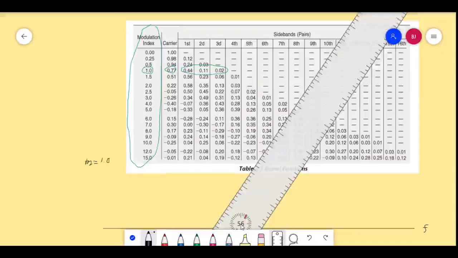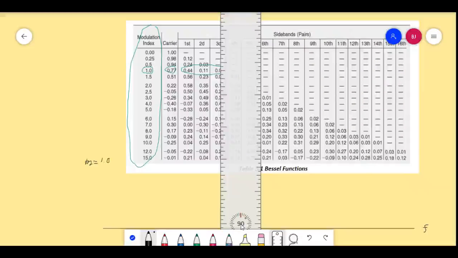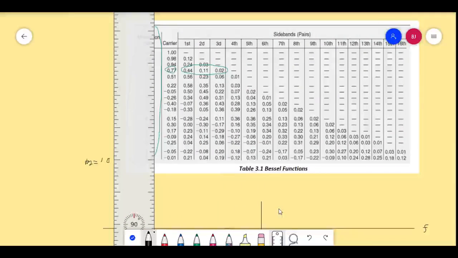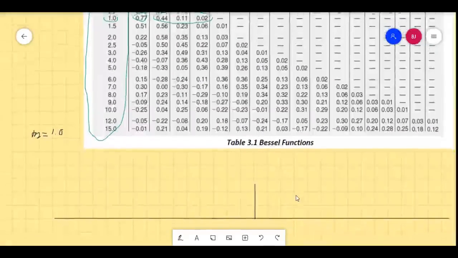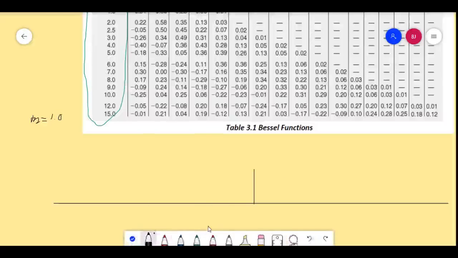It should be in the middle. And we put in appropriate labels. At the bottom, we put in the frequency of the carrier. As it was not given, we just put in FC. And then at the top, we put in 0.77. If the amplitude was given, we multiply it by 0.77 of the amplitude of the original carrier.